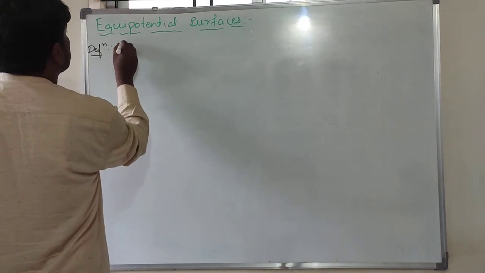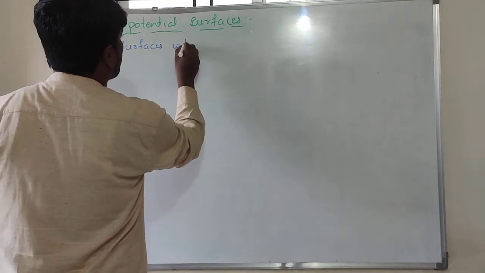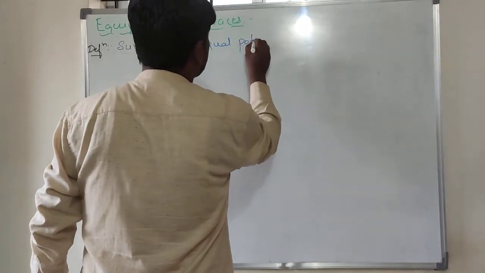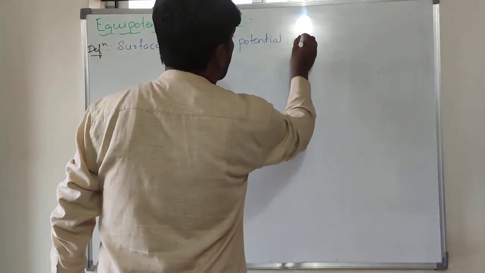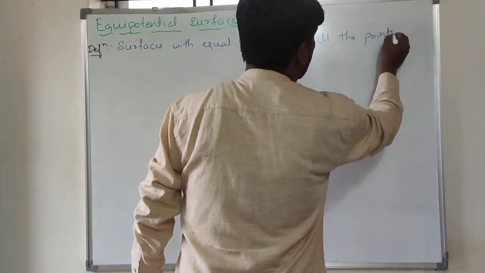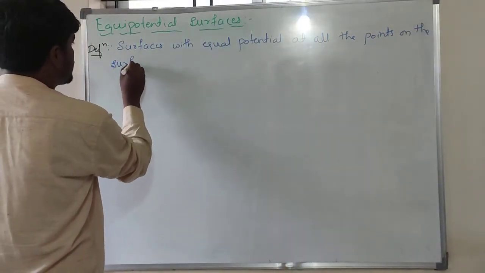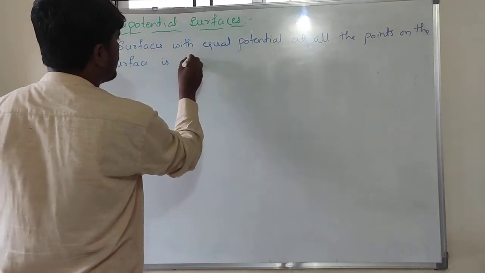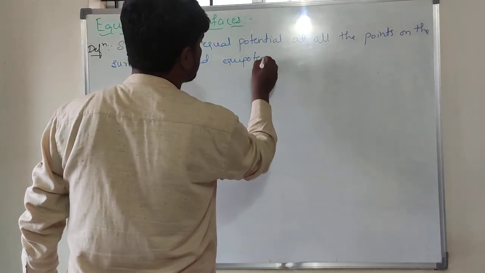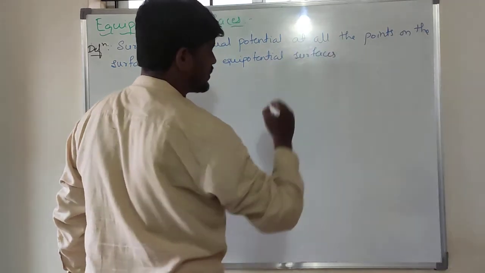The surfaces with equal potential value at all the points on the surface are called equipotential surfaces.